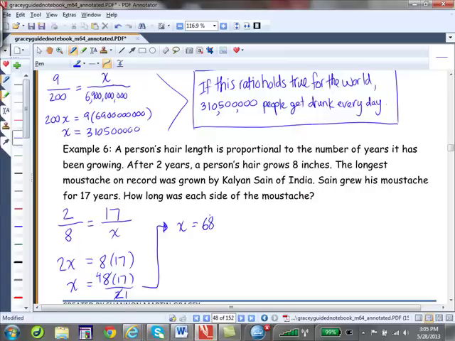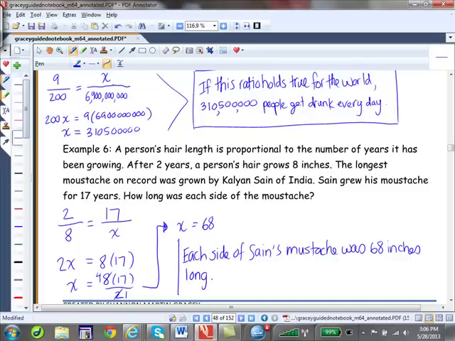So each side of Sain's mustache was 68 inches long. Can you believe that? That's a long mustache. Okay.